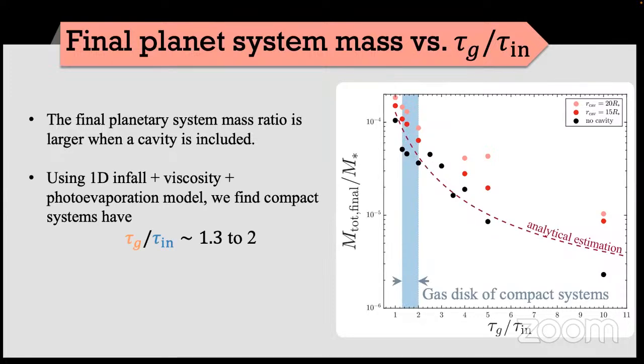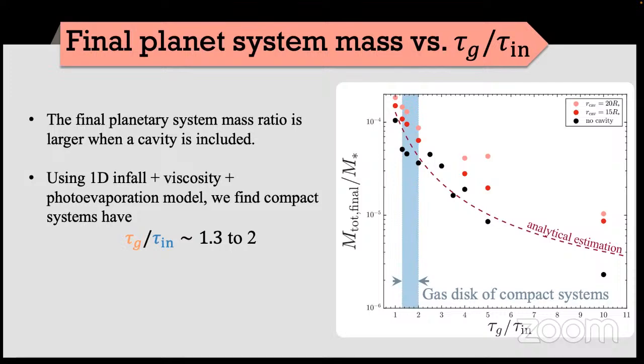And an important question to ask is, what is the typical tau_g over tau_in for compact systems? So in order to answer this question, we performed 1D gas simulations that include infall, viscosity, and photoevaporation. And we find that for compact systems, this tau_g over tau_in is relatively small, up to 2.